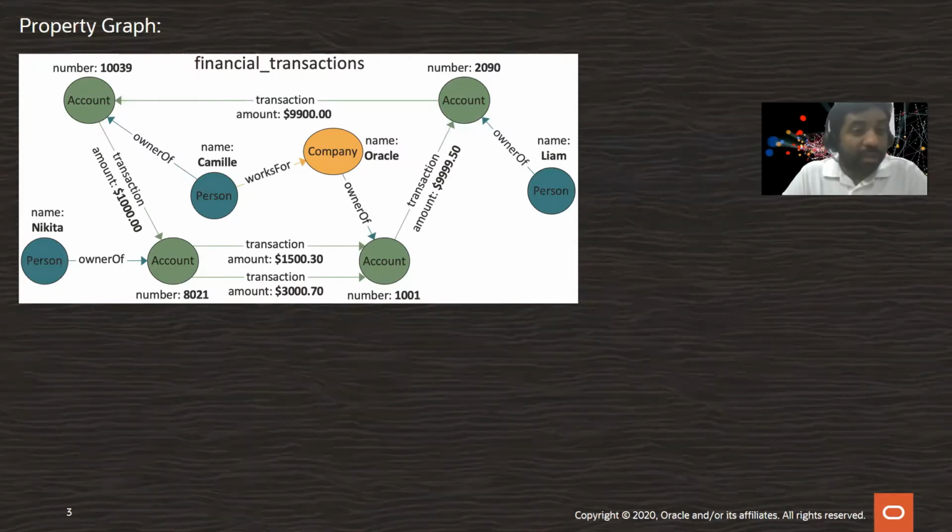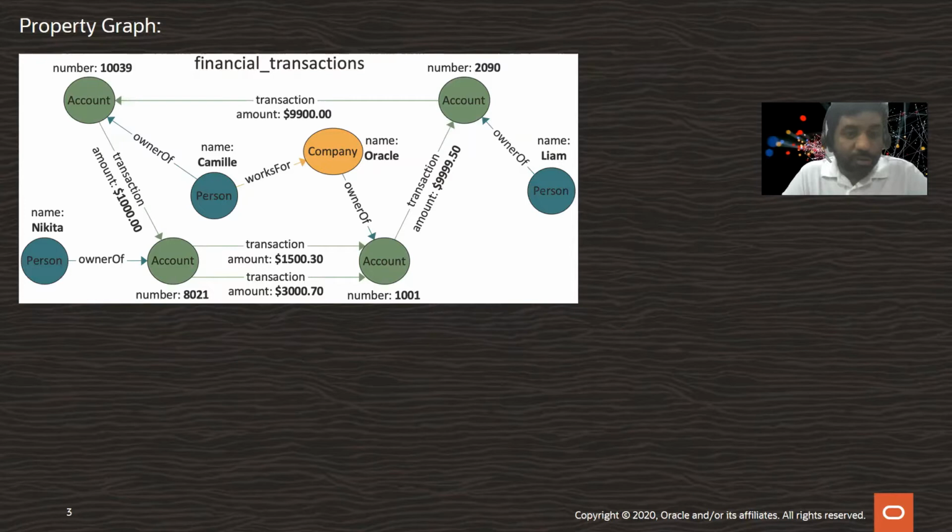From that account, we can see a transaction of close to $1,000 to account 8021, which is owned by the person Nikita, on the bottom left of the screen. We can also see two transactions transferred between accounts 8021 and 1001, different accounts and different transaction numbers.